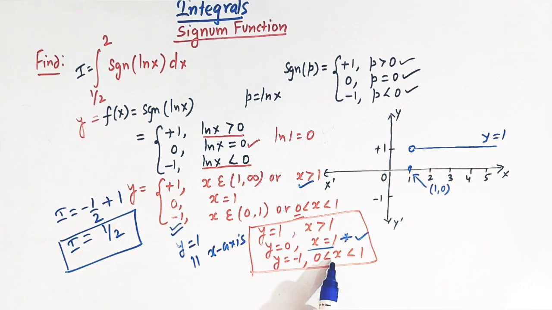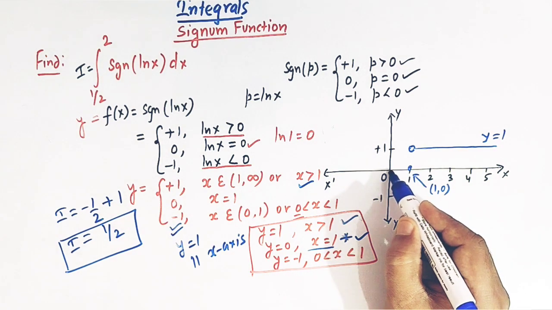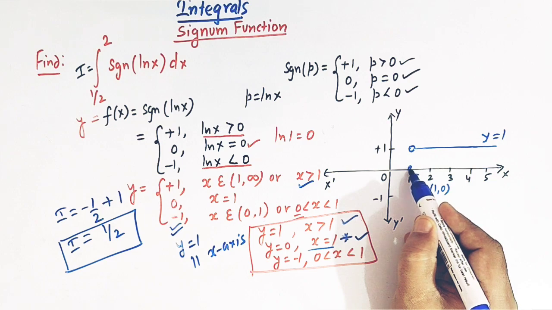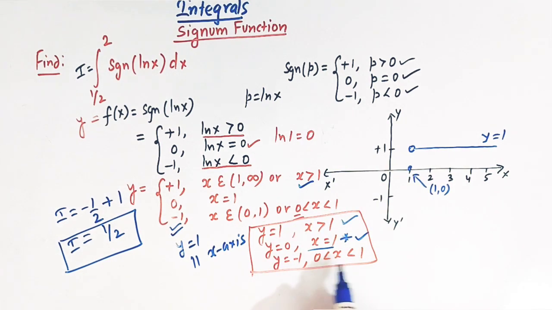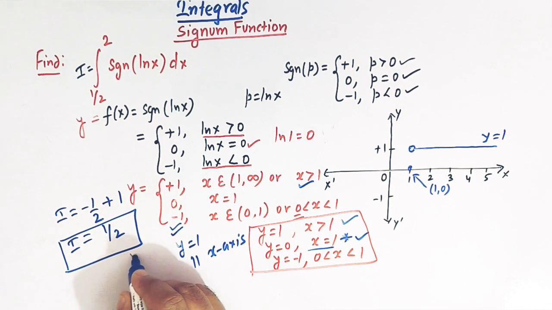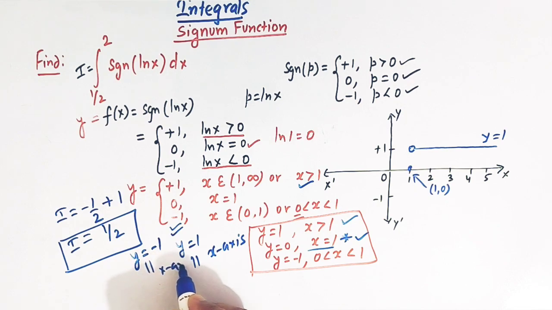Okay, now see here we have x lying between 0 and 1. So here we have x is equal to 0, here we have x is equal to 1, right? And both the points 0 and 1 are not included. And we have the line y is equal to -1, which is again a line parallel to x-axis, right?